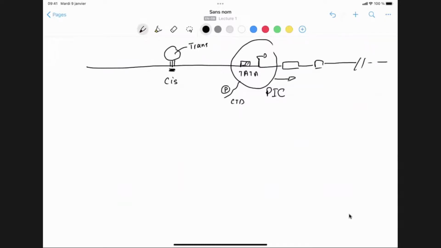How can a protein that recognizes DNA activate the RNA pol2? It has to interact in order to trigger the phosphorylation.